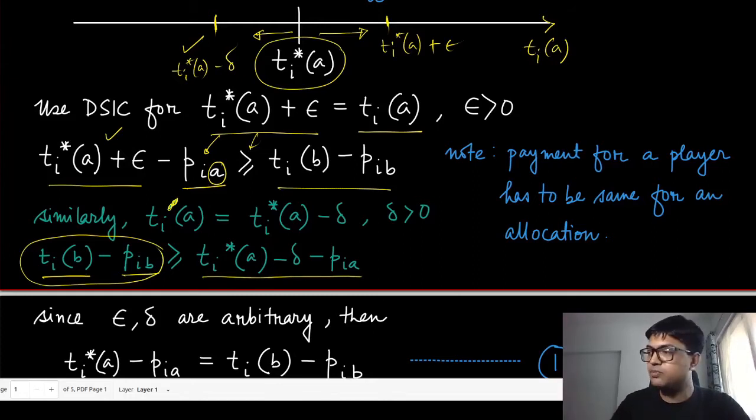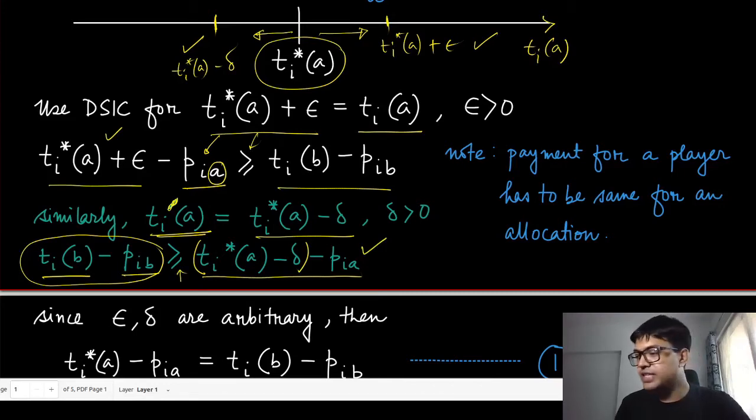He misreports to somewhere here, and thereby the outcome changes to A. But the point is that its true type for A is actually Ti A star minus delta. So this is the valuation that this agent gets when the outcome A is chosen, and he makes a payment of Pi A. By DSIC, this inequality should also get satisfied.